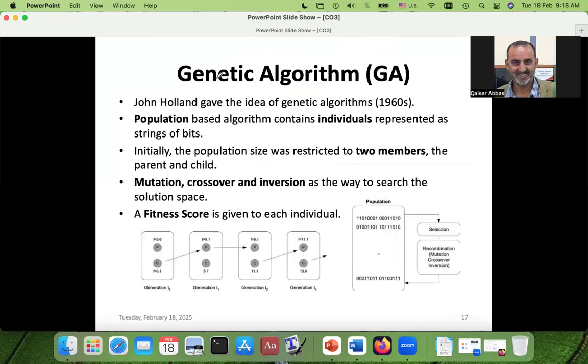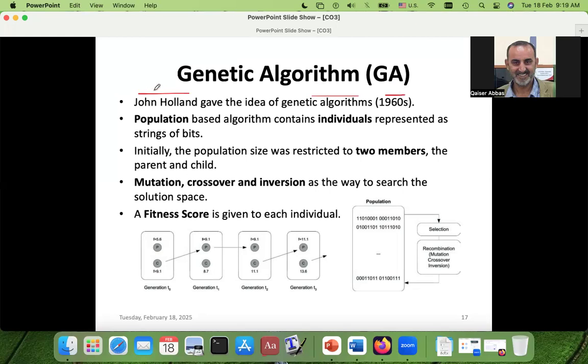Anyhow, let's go now step by step. John Holland is the person who gave this idea for the first time in the 1960s. So this is a population based algorithm, and in the population we will have the individuals, we know that.